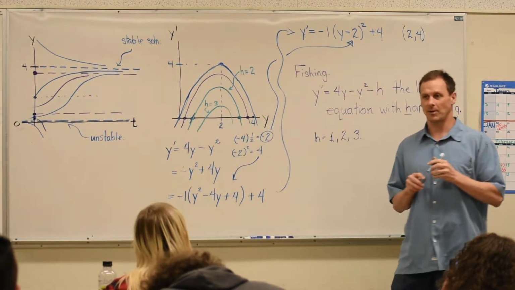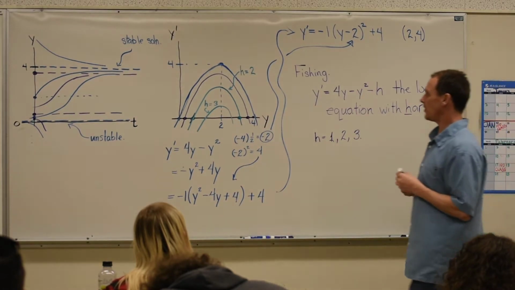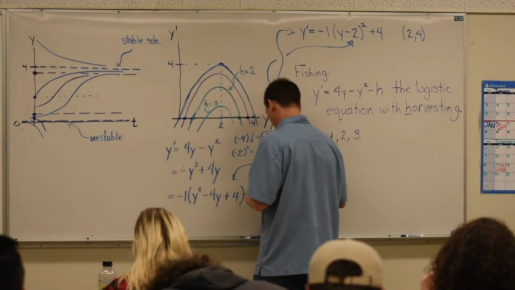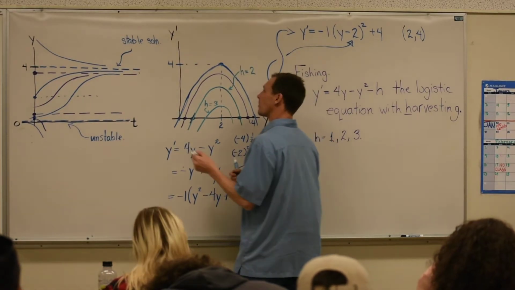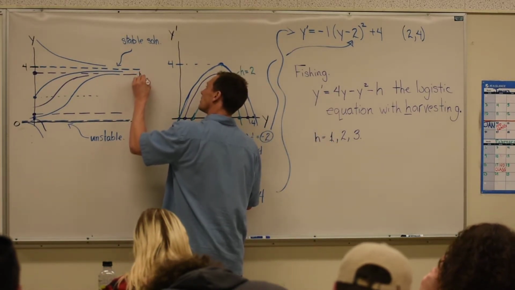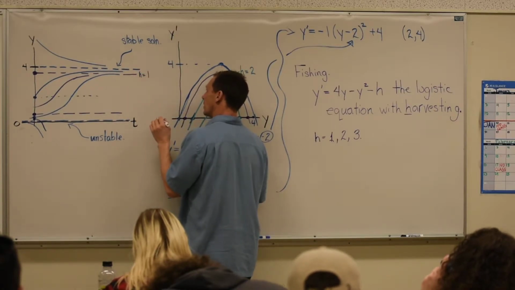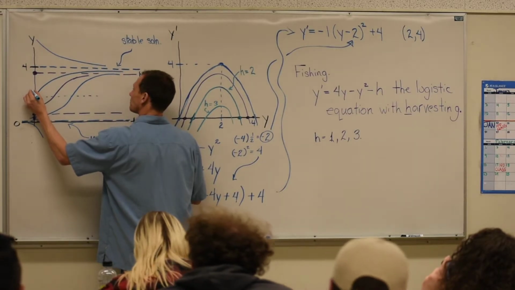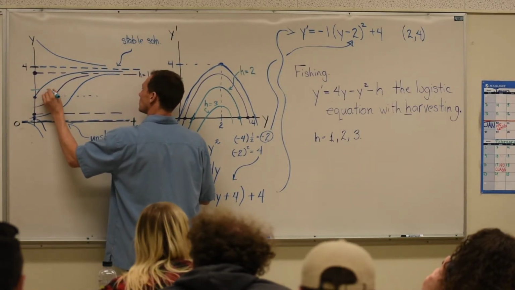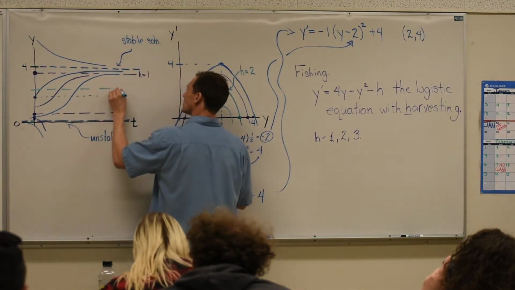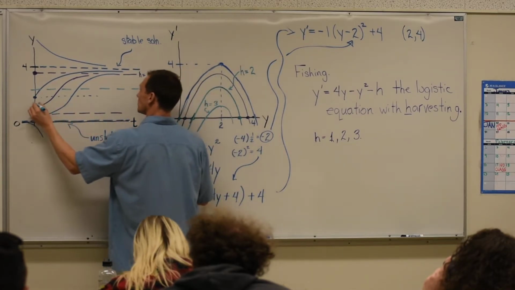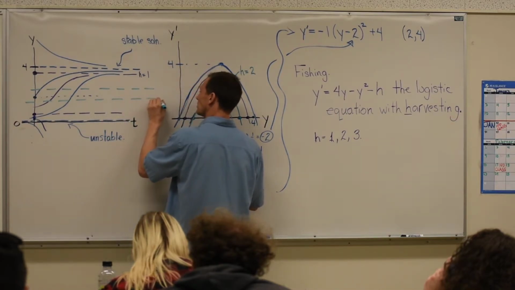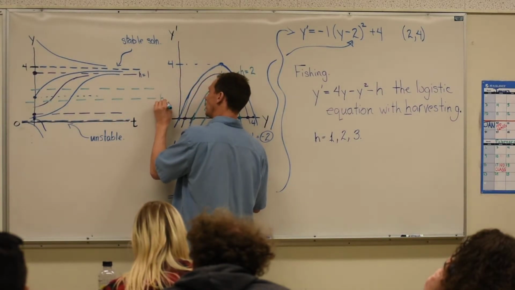What happens to my solution now? Purple was H is 1, one fish, and this blue, we'll just draw it like this. This would be for H is 3.